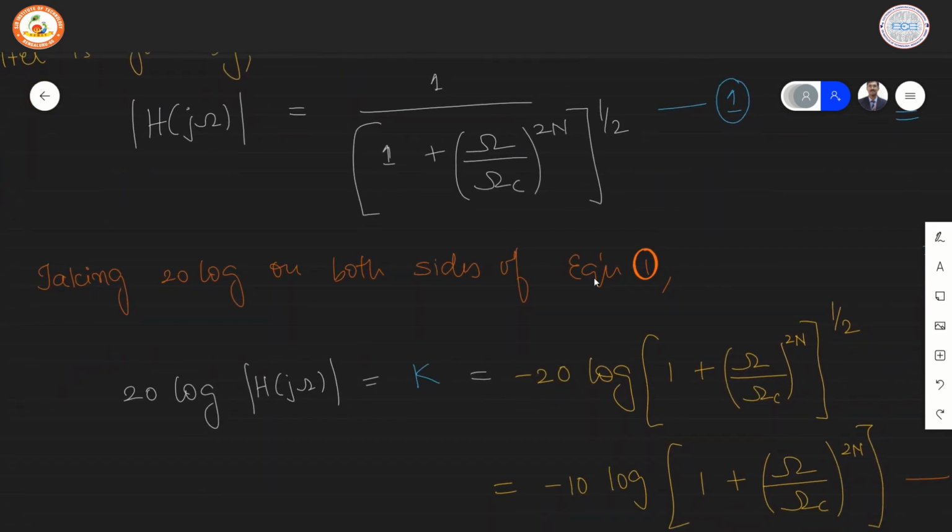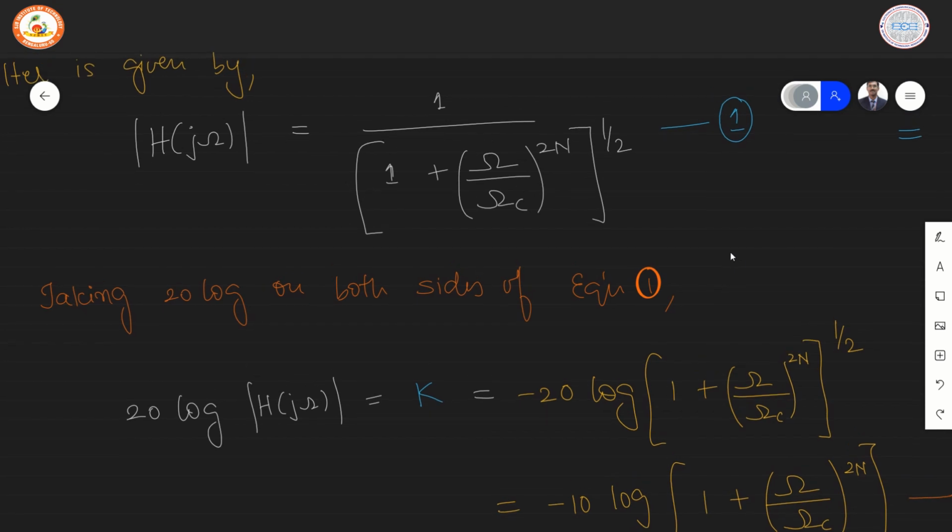Taking 20 log on both sides of equation 1 to convert it to dBs. Therefore, the left hand side becomes 20 log of magnitude of H(jω), which is denoted as K, where K stands for a gain. So K here represents a gain which is measured in terms of dB.